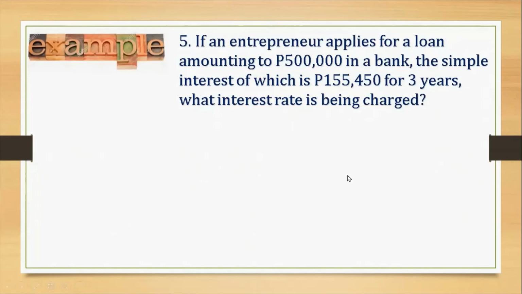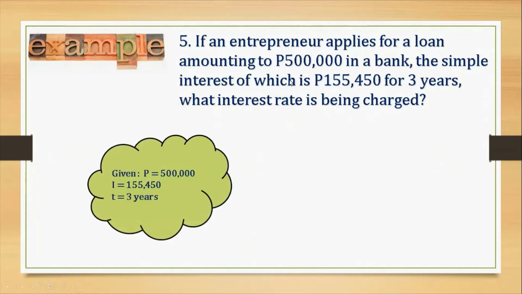Let's have the fifth example. If an entrepreneur applies for a loan amounting to 500,000 pesos in a bank, the simple interest of which is 155,450 pesos for 3 years, what interest rate is being charged? Okay, so you need to situate the problem carefully and you can determine there the given, which is the principal, that is 500,000, the interest, which is 155,450 pesos, and for the time, which is 3 years.